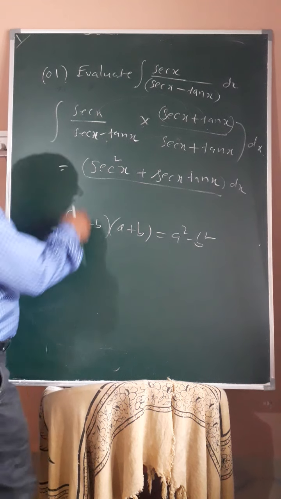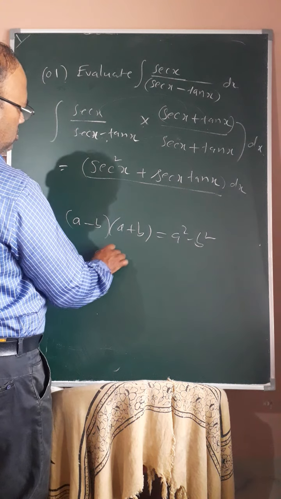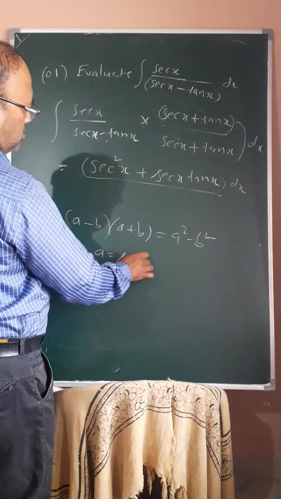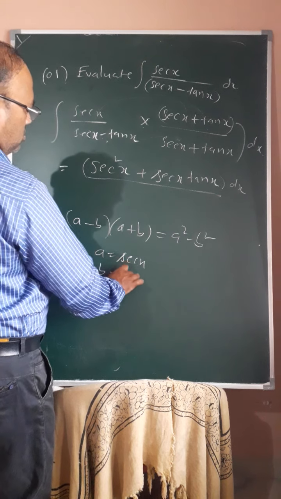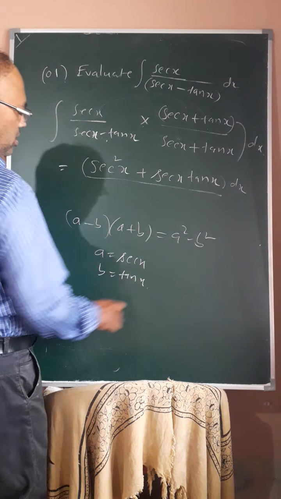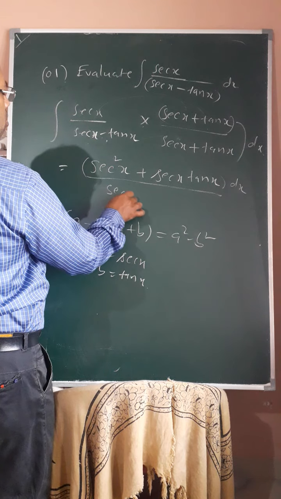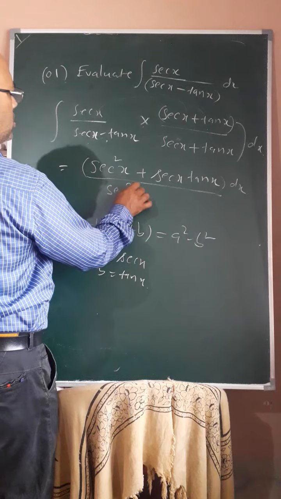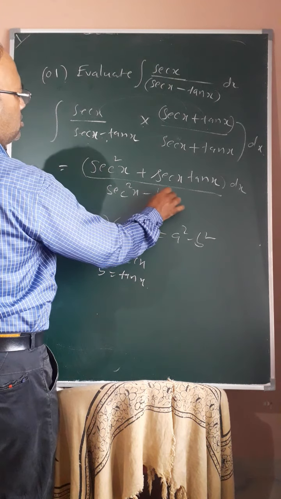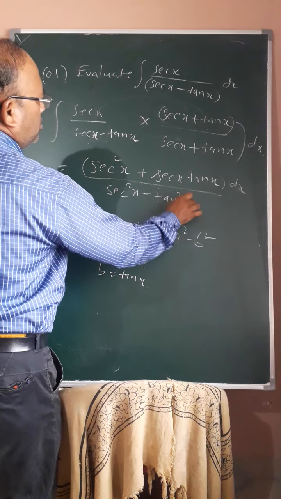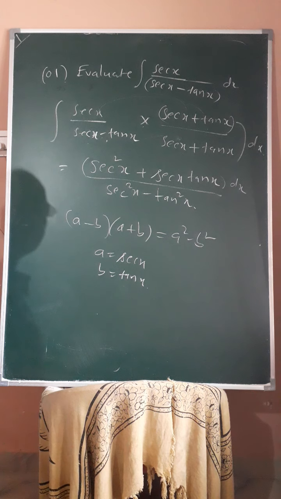Here a is equal to secant x, b is equal to tan x. So this is a square minus b square, secant square x minus tan square x.